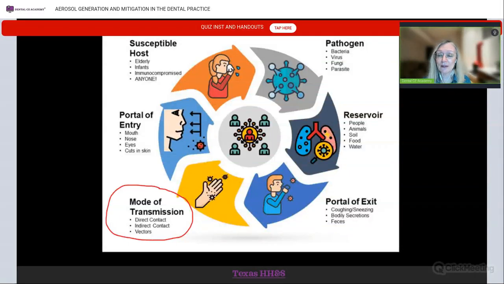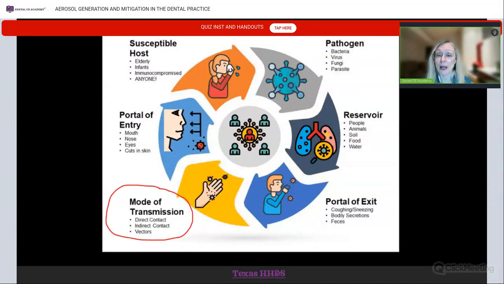Now, the chain of infection always starts with a pathogen. It could be bacteria, virus, fungi, or parasites. That pathogen needs a reservoir to divide, replicate, proliferate, and so forth. That can be humans, animals, soil, food, and for this evening, we're going to be talking about air and water.